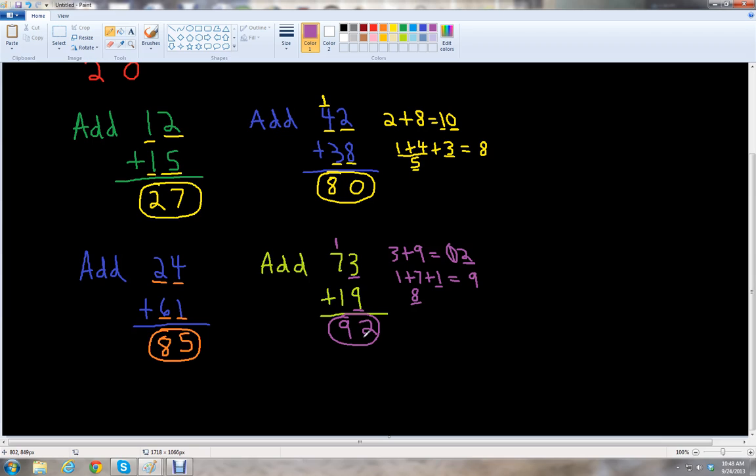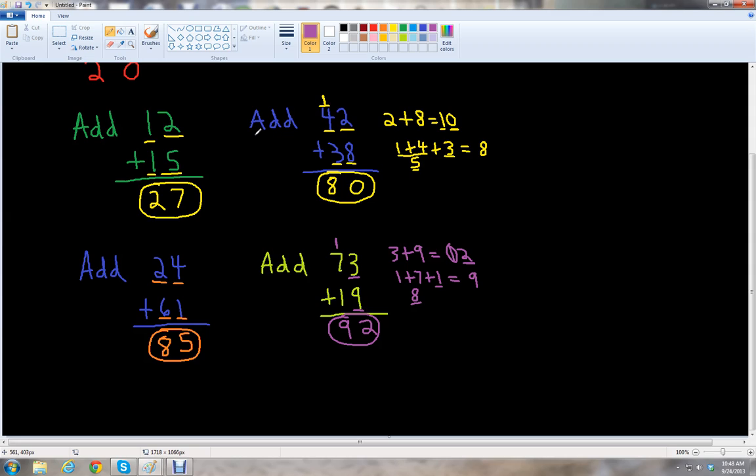Okay. So what you learned with adding two-digit numbers is that you start in the ones place first, and if the sum you get is less than 10, then you just write the digit and start with the tens place and add those together.